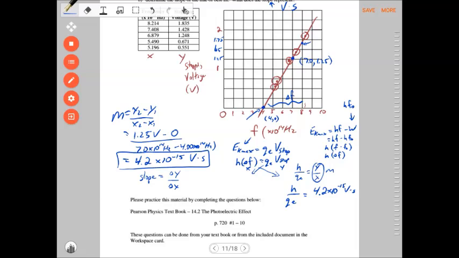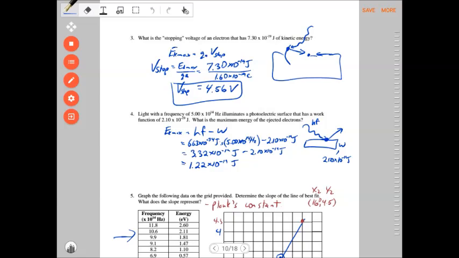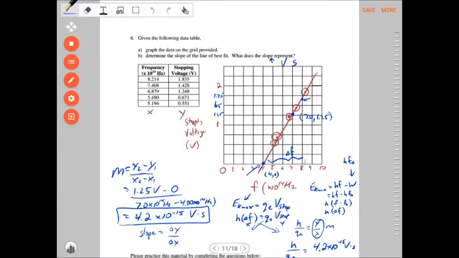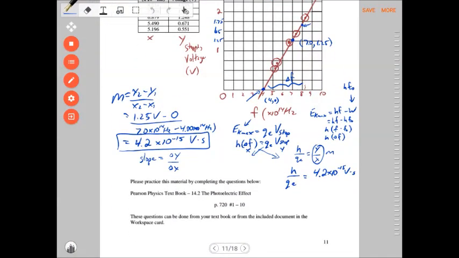Now, in order to find Planck's constant, because usually questions that are really hard say use the data to find Planck's constant. On that last question, Planck's constant was simply the slope, and that made sense because we had the energy and the frequency. However, this time we have energy and stopping voltage. They don't play together quite as nicely.